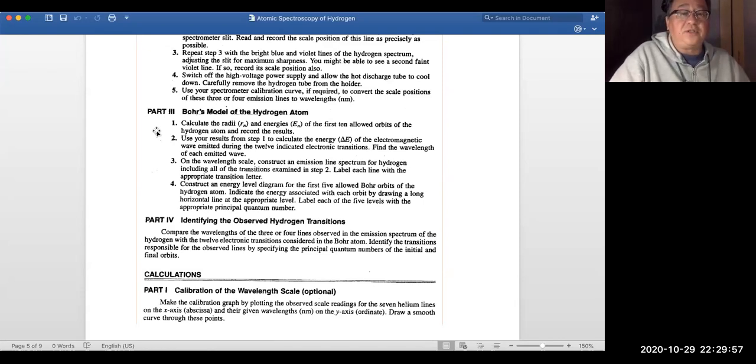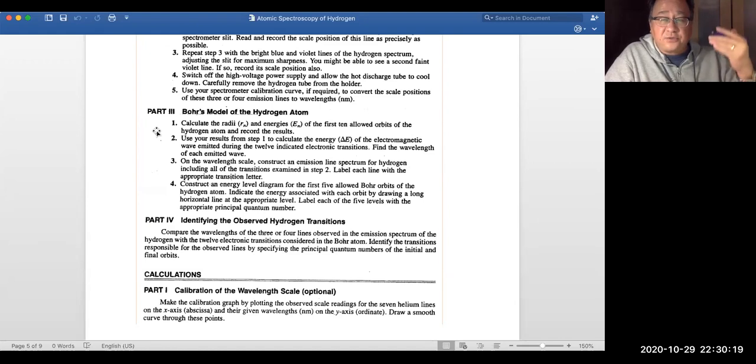So that's what we're going to be doing for this lab. 1, calculating the 7 radii for the first 7 levels or first 7 orbits. We're going to calculate the energy of each of those 7 orbits. We're going to calculate the change in energy when you go from one orbit to another for specially designated transitions.